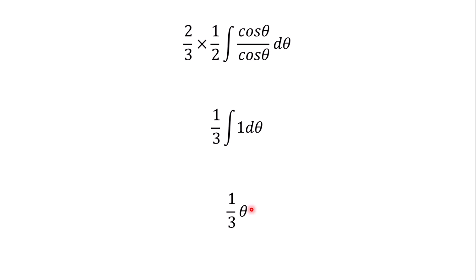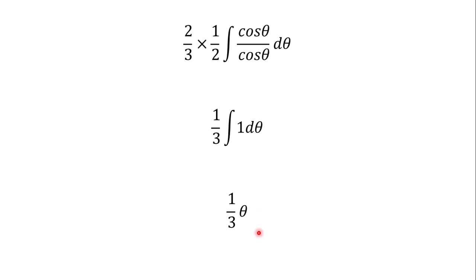But in the x world, even where we were making the substitution, we didn't see anything that was equated to theta. But rather we saw that sine theta was equal to something. So if you want to find theta, it's a matter of making theta the subject from that particular equation, by taking sine inverse of both sides.